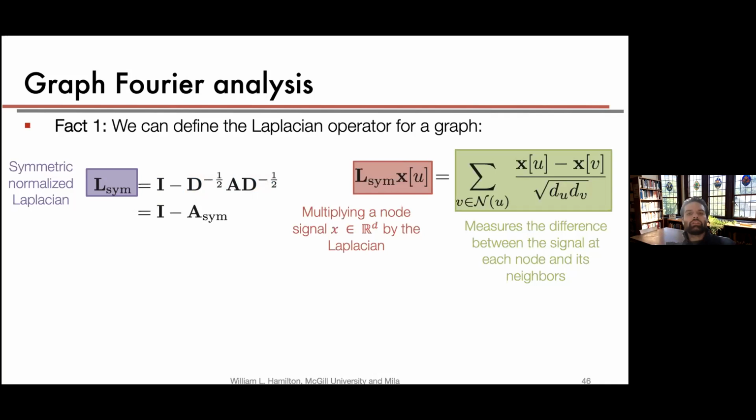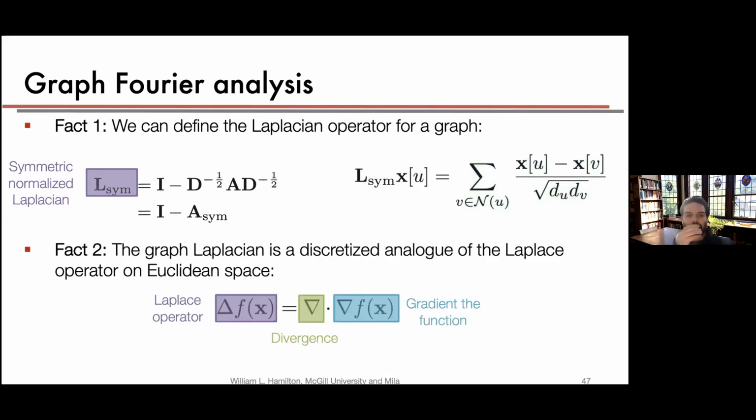So what the Laplacian does is act as a difference operator. When we apply the Laplacian to a vector of node features, it gives us the difference between those features at each node and its neighbors.